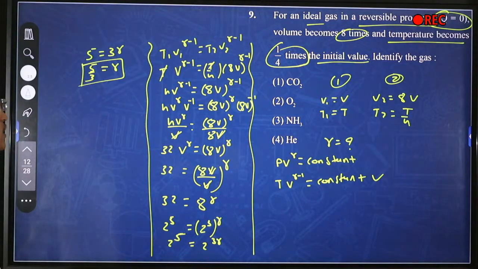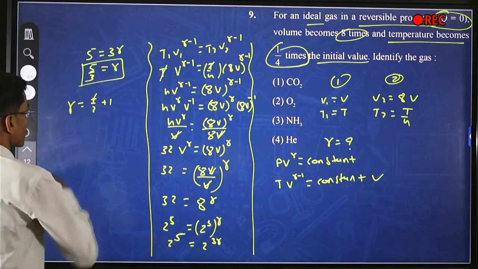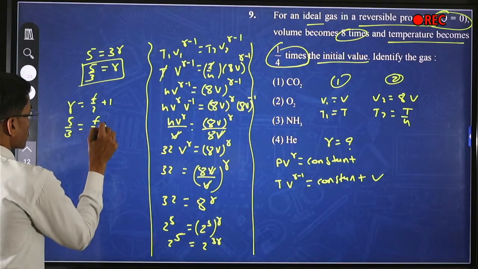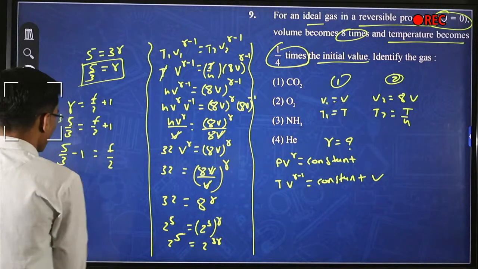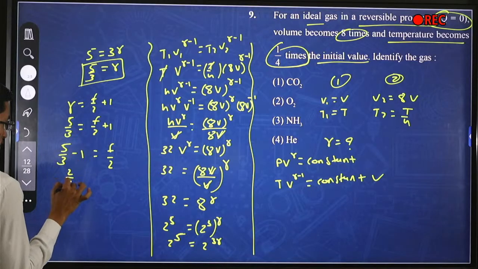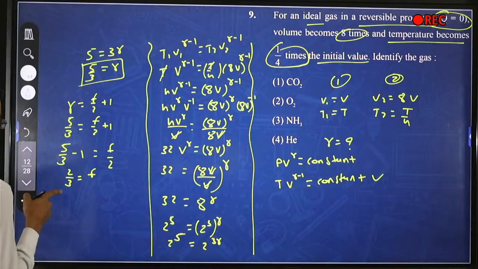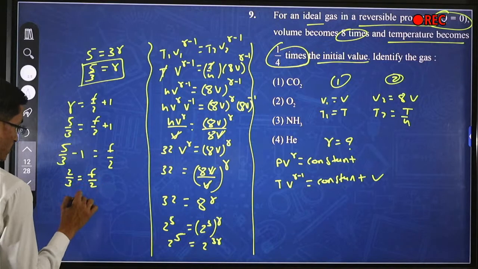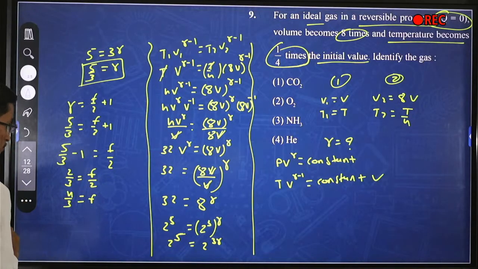Gamma can be written as f by 2 plus 1. So gamma is 5 by 3, so f by 2 plus 1. So 5 by 3 minus 1 is equal to f by 2. So 5 minus 3 is 2, so 2 by 3 is equal to f by 2. So f is equal to 4 by 3.